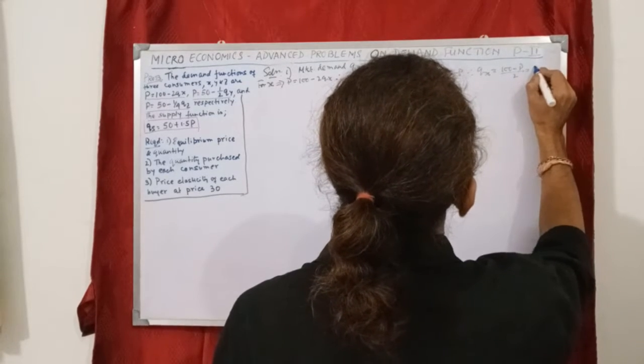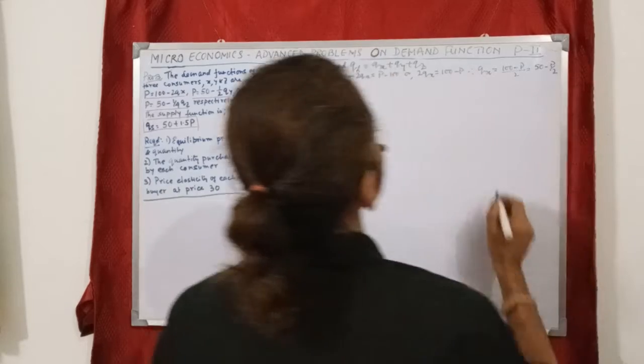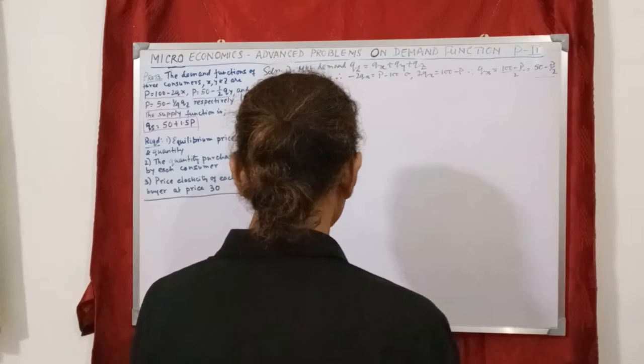This is equal to 50 minus P by 2. So this is the quantity demanded by consumer X.